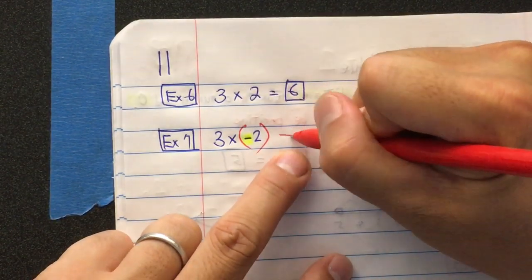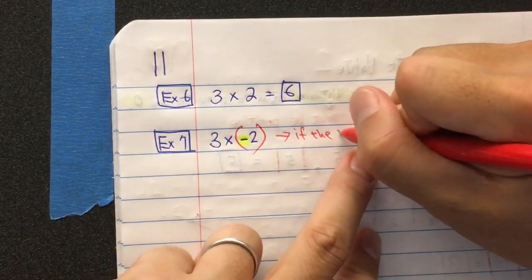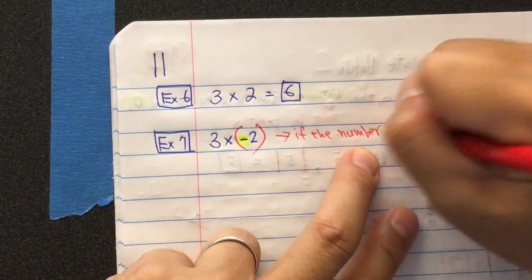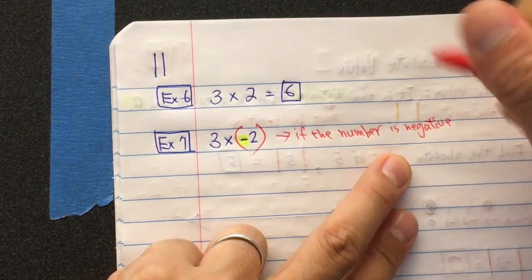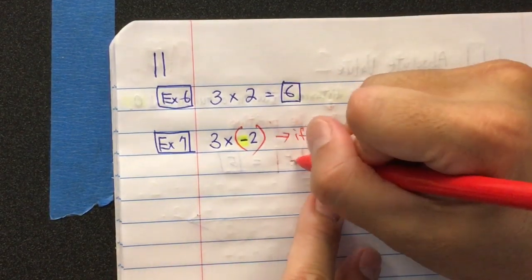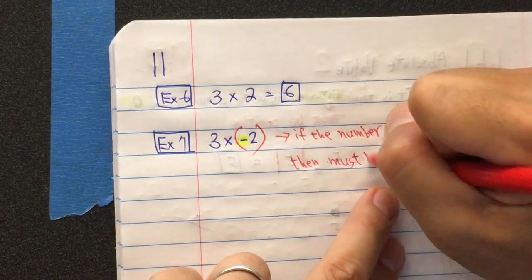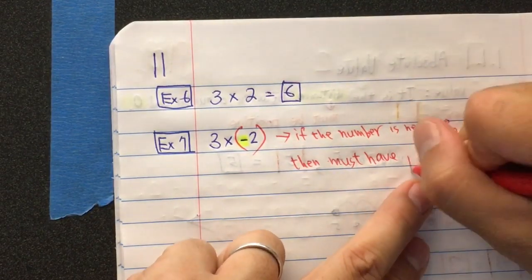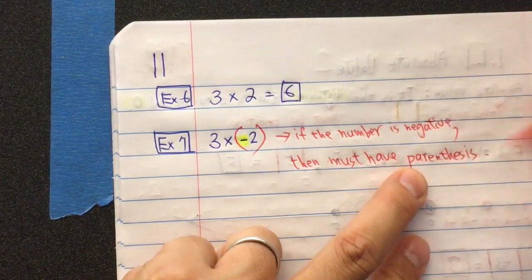If the number is negative, then it must have parentheses.